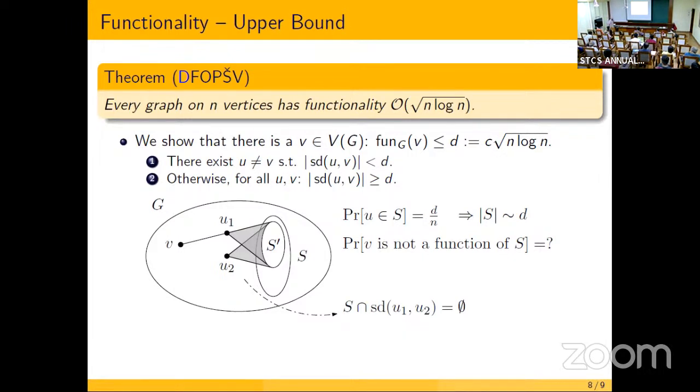What does it mean? The set S is disjoint from the symmetric difference of these two vertices. The private neighbors are outside S, but we suppose that all symmetric differences are large.